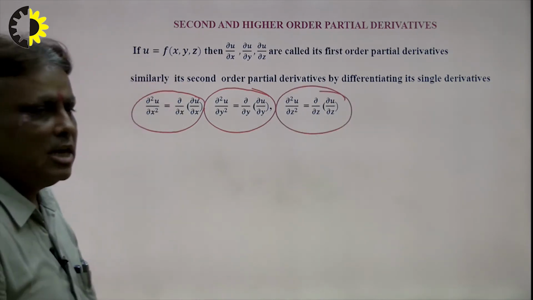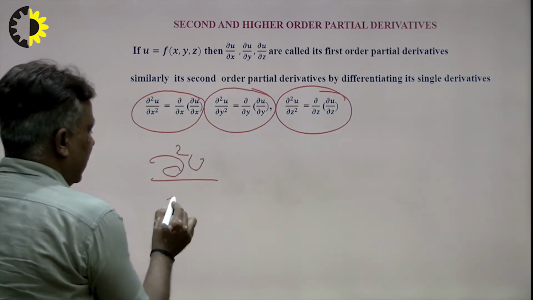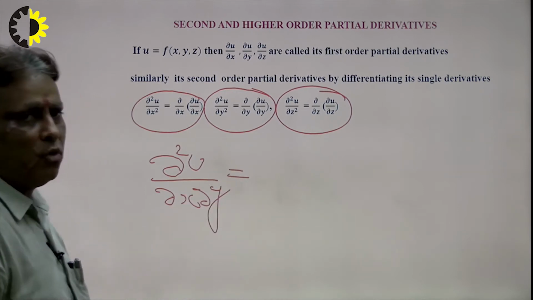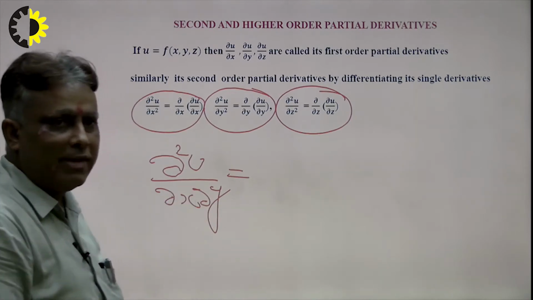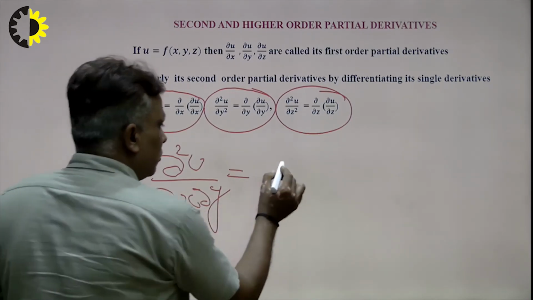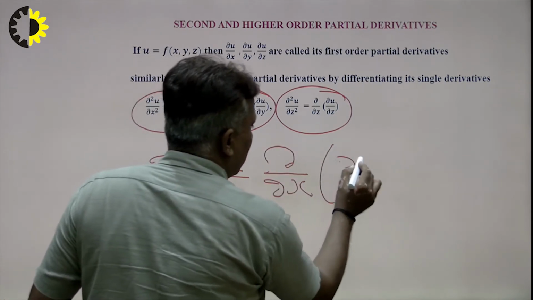Now suppose the student wants to calculate del 2 u over del x del y. Keep in mind that first we calculate on the right hand side. First we calculate del u over del y and then differentiate with respect to x, so del over del x of del u over del y.